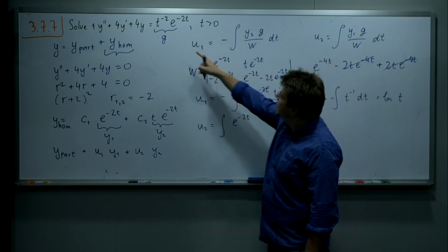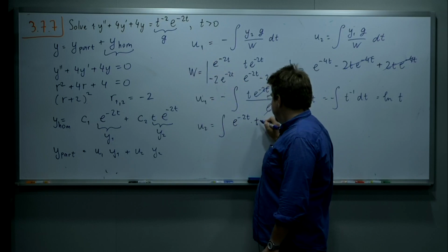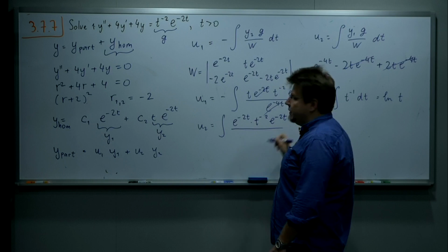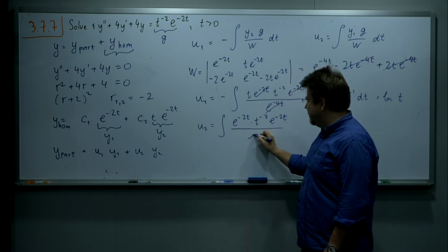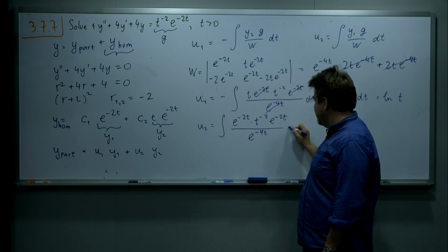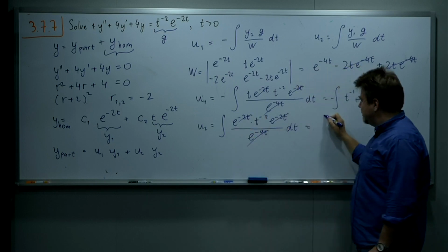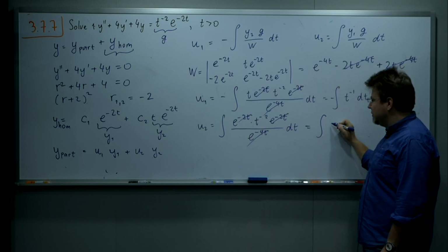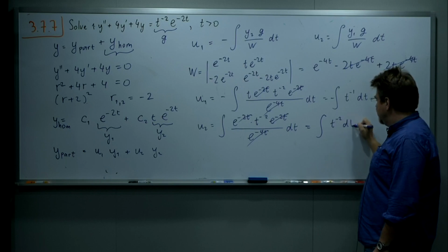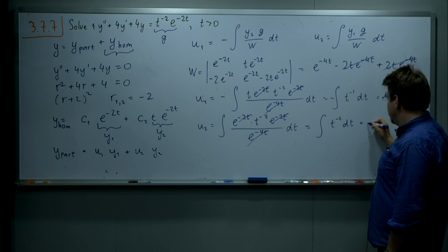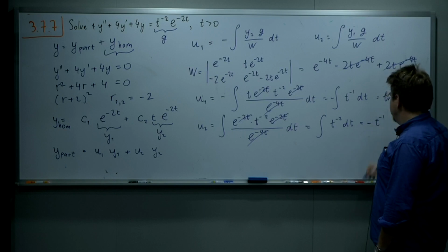Our g is still t to the minus 2 times e to the minus 2t, everything divided by the Wronskian, which is e to the minus 4t, dt. So still the Wronskian cancels out. So the remaining is the integral of t to the minus 2 dt, and this integral is minus t to the minus 1.